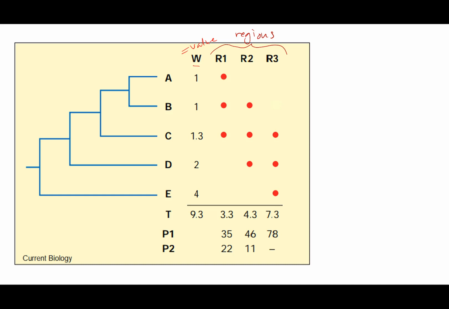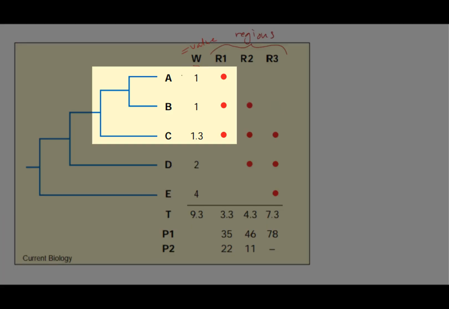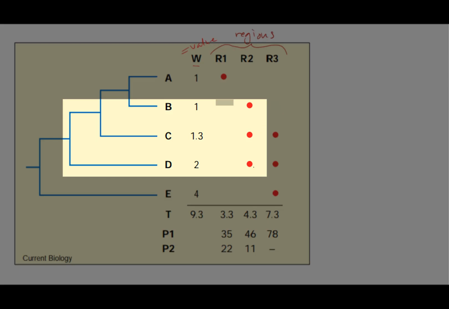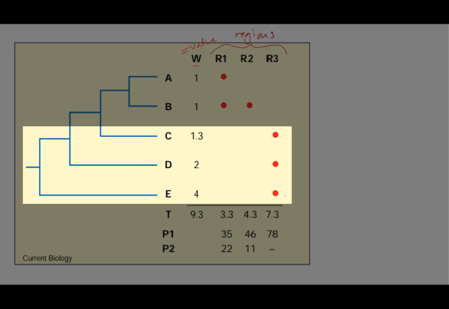In each area, we've got where the different species live. In each area, we have a red dot that suggests that those species, A, B, C, D, and E, live there. So in region 1, we find species A, B, and C. In region 2, we find B, C, and D. And in region 3, we find C, D, and E.